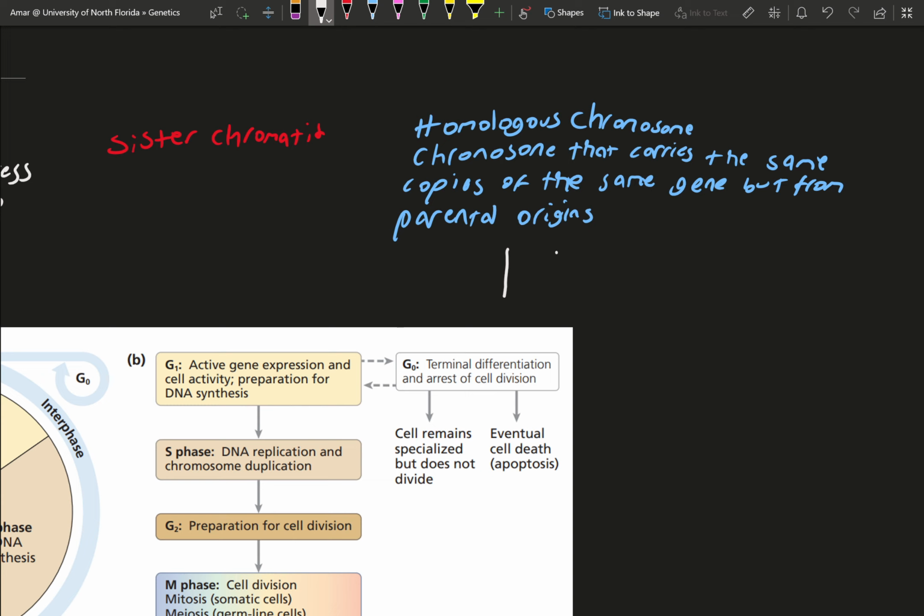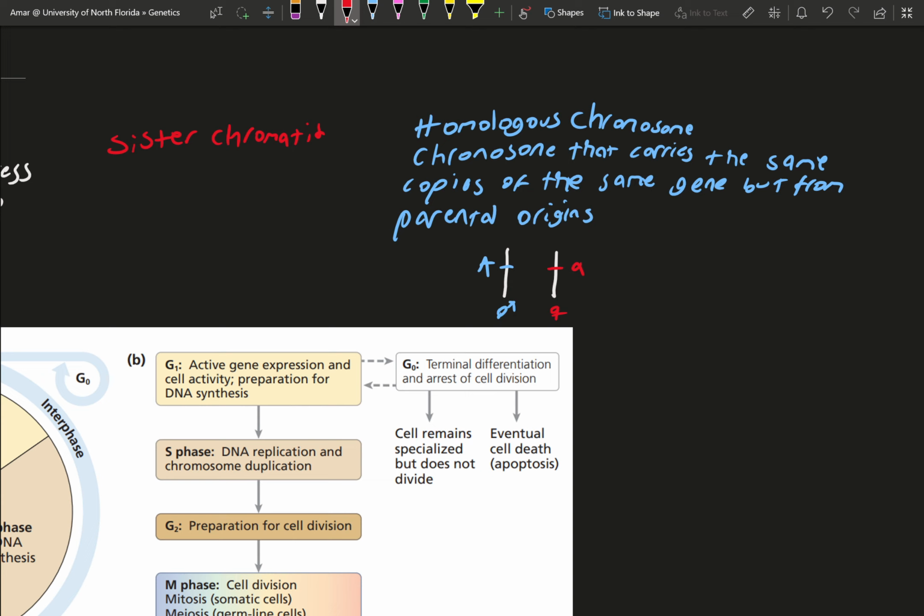We can refer to this as, say, this one from the dad has the big A, and this one from the mom, she gave a little a. But obviously you can have the same alleles, and there will be multiple different genes that have multiple different alleles, so you're going to have different cases like that.